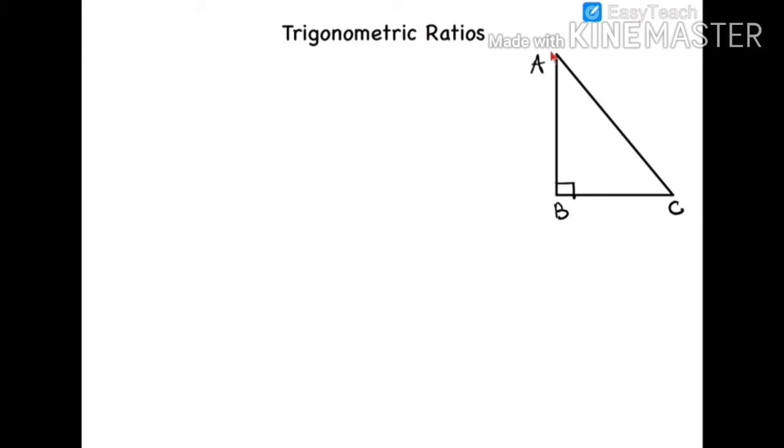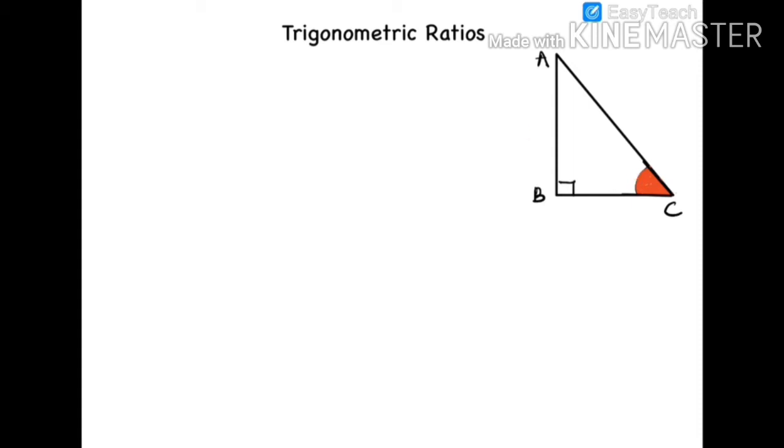In this triangle, there are two acute angles and a right angle. So let's consider one of the acute angles. Let's say angle C. So let's first understand the position of sides of this triangle with respect to this acute angle C. Side AB is facing this angle.